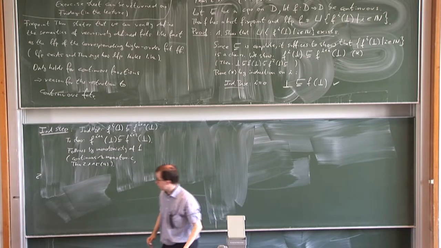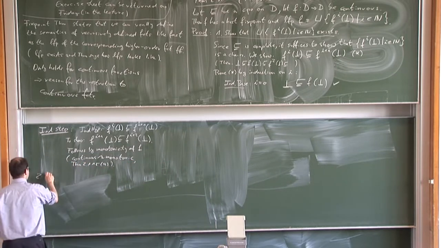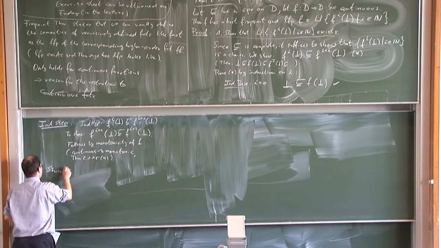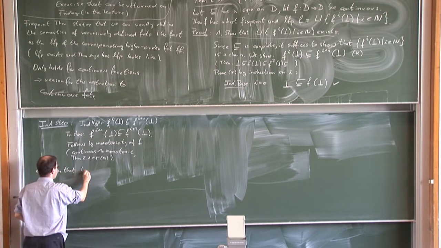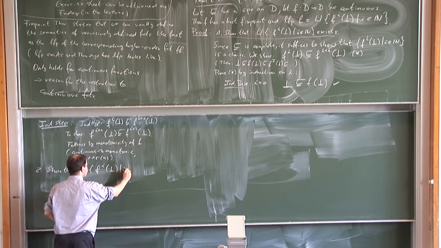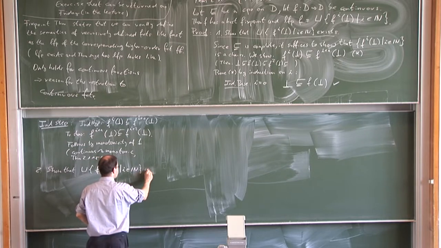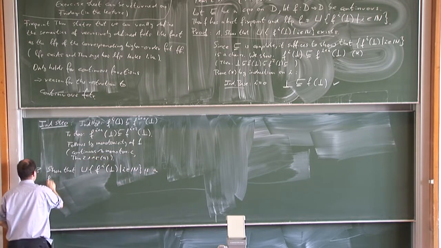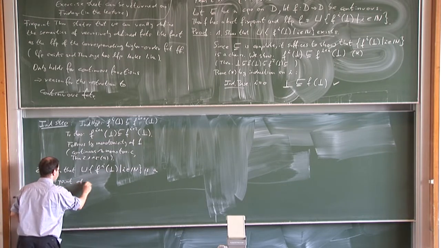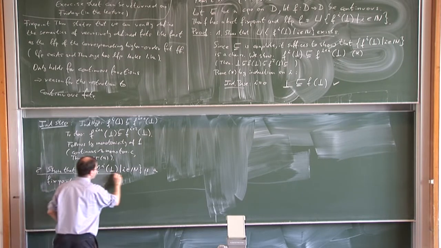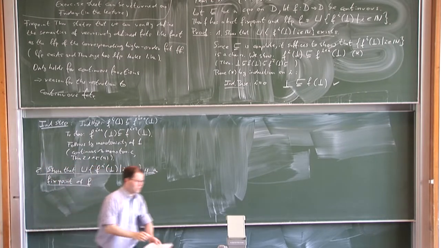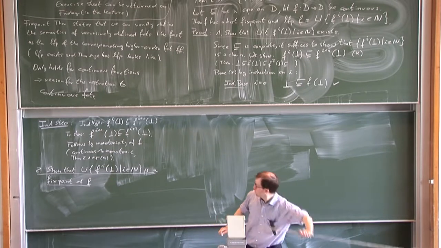So step 2 is show that this least upper bound here is a fixed point of f. So at that point, we just show that it is some fixed point, not necessarily the smallest one. That it is the smallest one we will show in step 3.